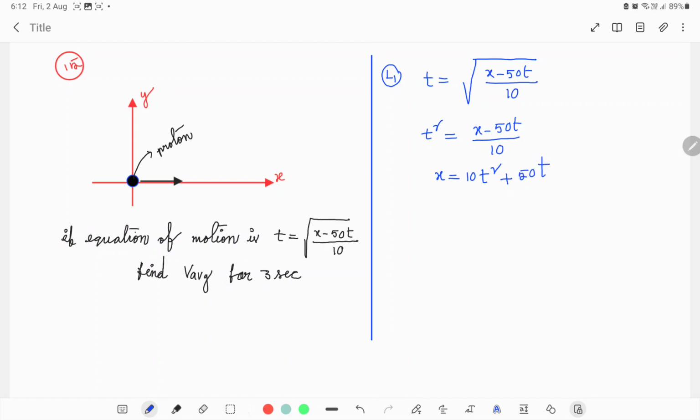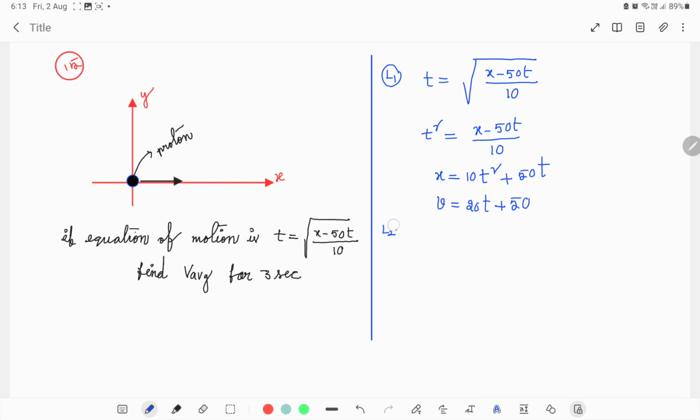That is position versus time, but we want velocity, therefore we differentiate. If we differentiate, we have v = 20t + 50. So that is the velocity of the proton as a function of time.